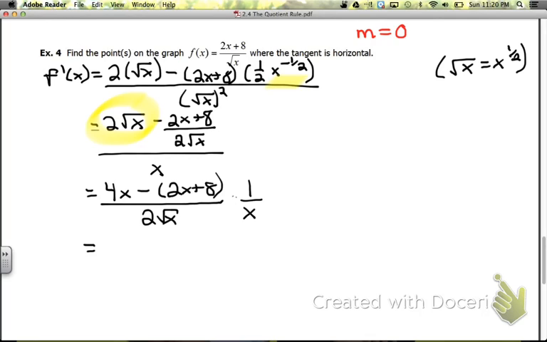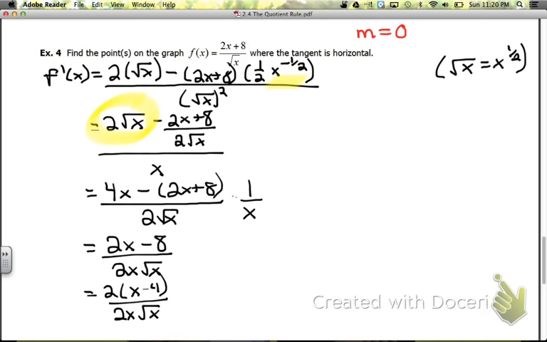Expand, collect like terms, so we'll have 2x minus 8 all over 2x root x. I can factor out a 2 here, I'm left with x minus 4 all over 2x root x. Now notice here, factoring worked out nice that I could cancel out a 2. And what I'll be left with is x minus 4 all over x root x.